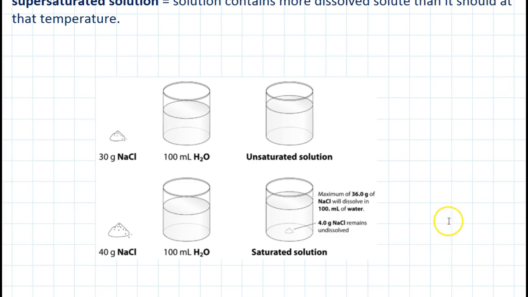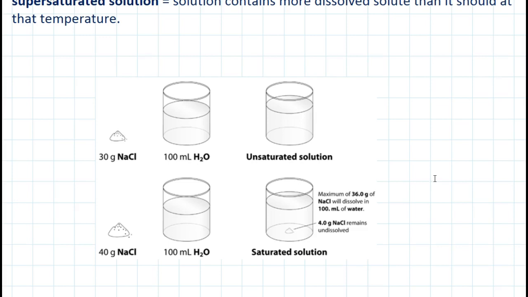Now to get a supersaturated solution, this is kind of a unique thing that we can sort of force to happen. If I were to take this glass and heat it up, put it on a hot plate and warm it up, and that extra 4 grams dissolves, and then I turn the hot plate off and leave it alone for a little while, and it cools back down to the temperature that it was at, let's say 25 Celsius room temperature.